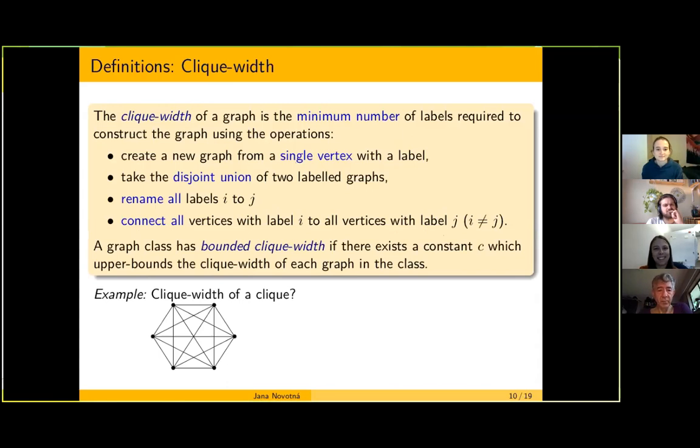Let's look at an example. I would like to ask what is the Clique-width of a complete graph. So how many labels do we need to construct a complete graph according to this definition? I will give just 1 minute. If somebody would like to answer, or I will answer in a minute.